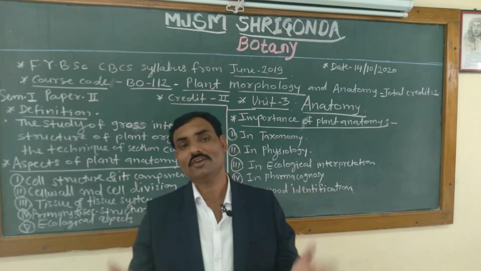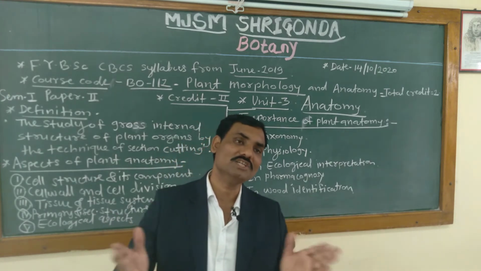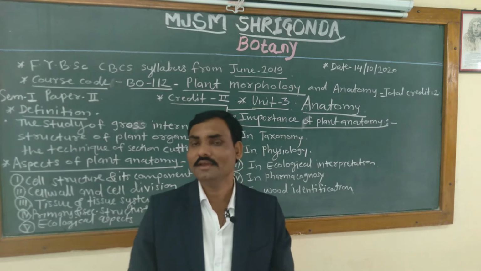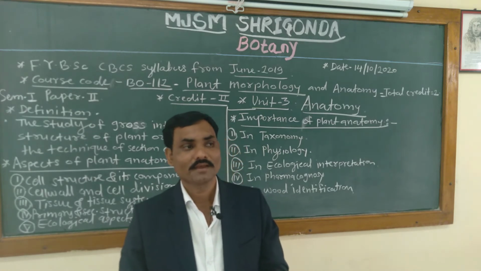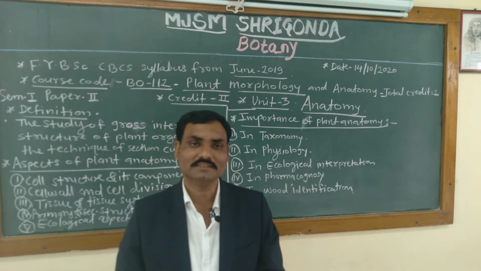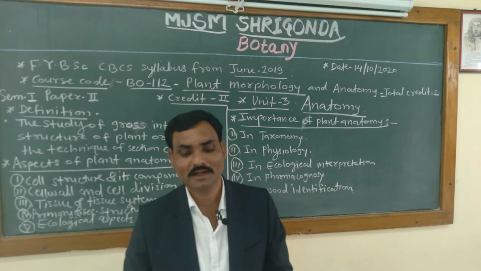Means when we study the anatomical structure, we can see how plants are adapted in different conditions, that is hydrophytes in aquatic conditions, and xerophytes in water-deficient conditions. We can understand this very well with the help of plant anatomy.